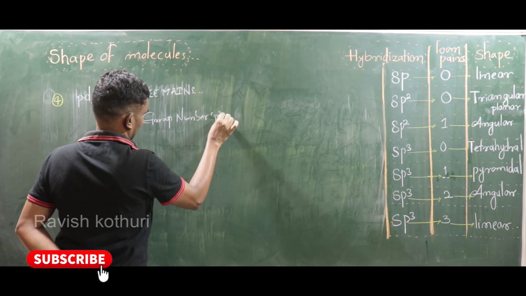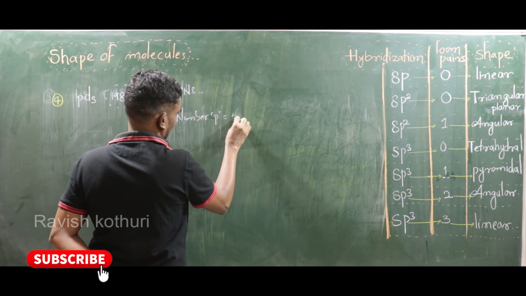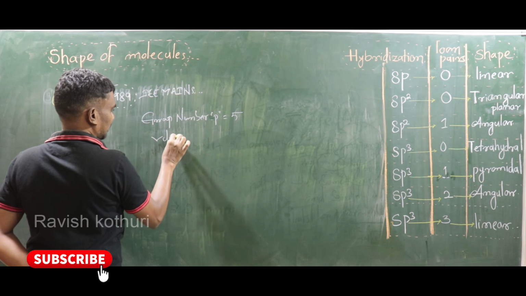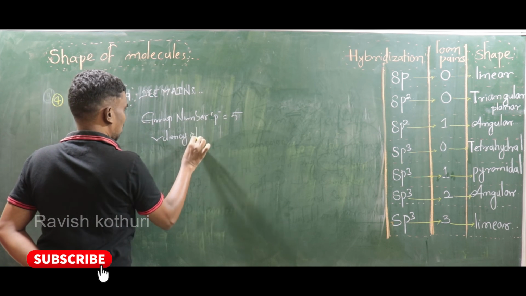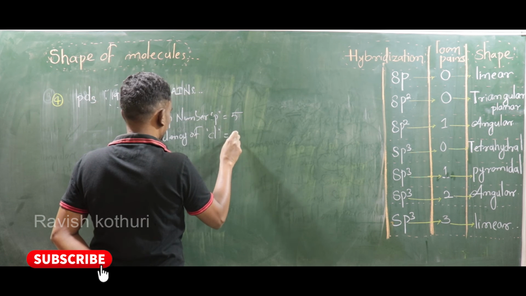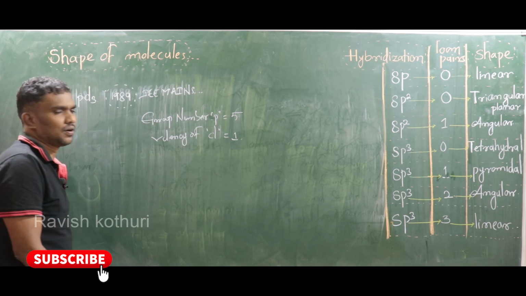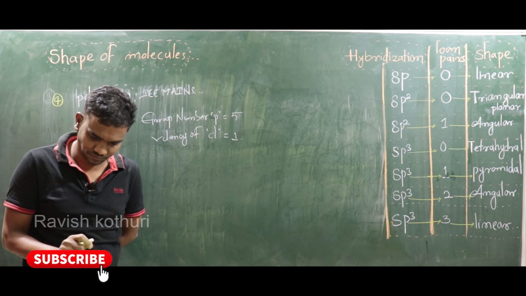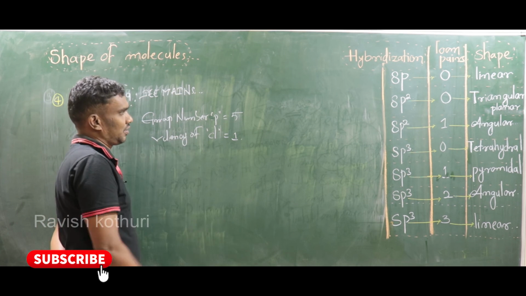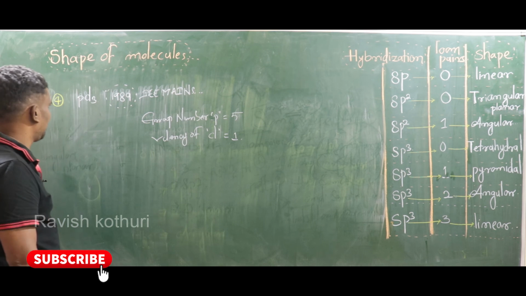Phosphorus is fifth group, right? So valency of chlorine is 1. See here, to find out hybridization, these two are very important, right? Group number and valency.